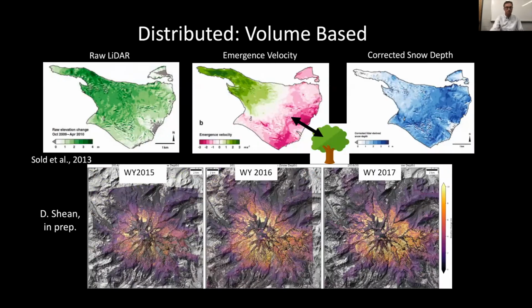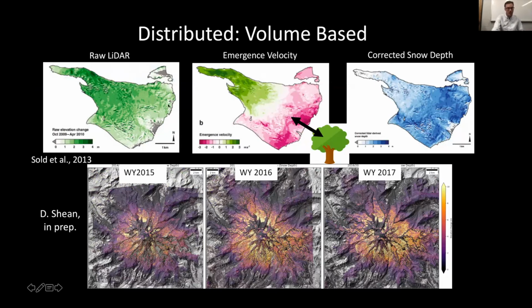The second distributed approach that's really quite applicable here is volume-based approaches. So at the top here is an example of LiDAR collected in Switzerland, published in 2013. On the left, you see this raw LiDAR field over the glacier, and it's a pretty peculiar pattern. We have the highest accumulation down in the lower part of the glacier, the lowest accumulation up in the upper part.